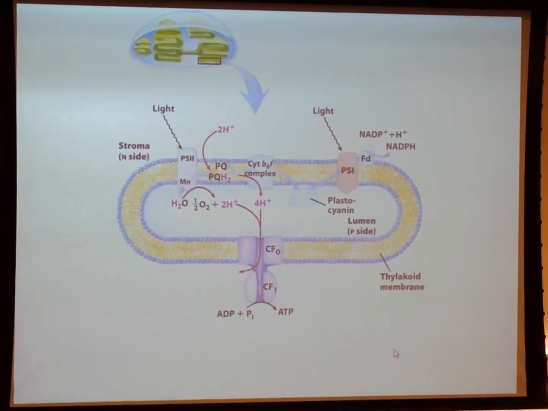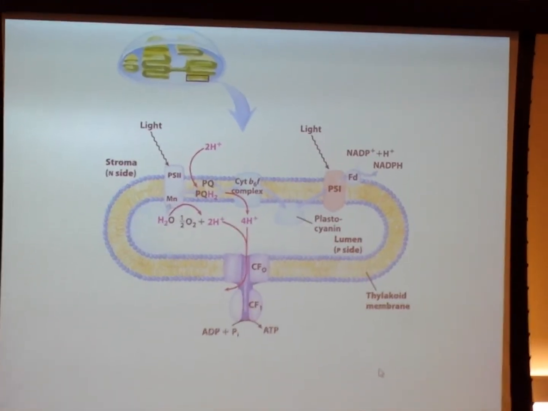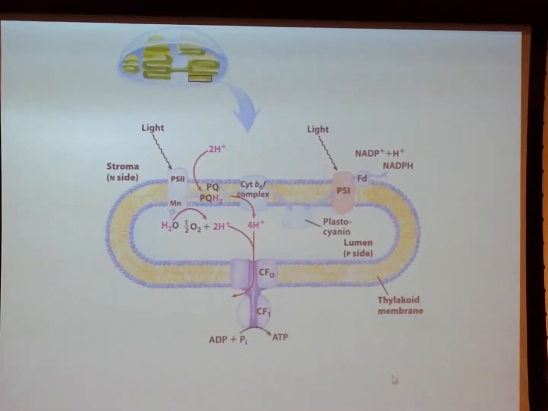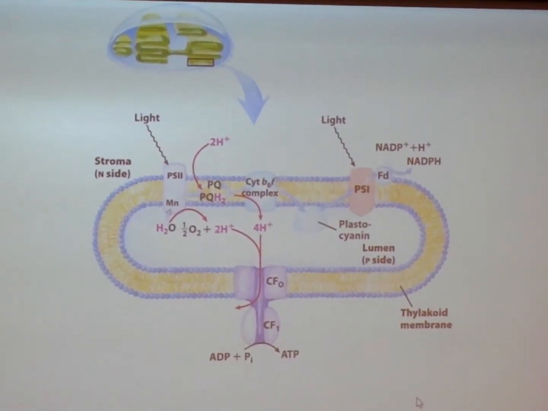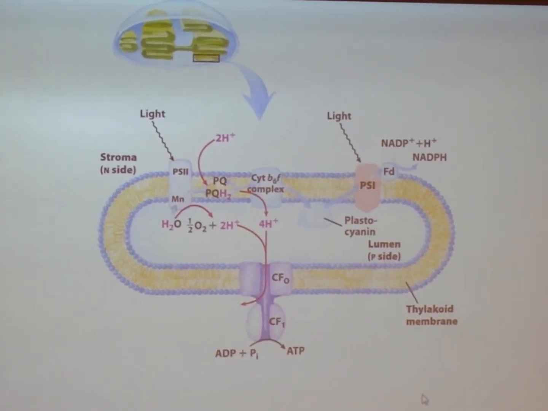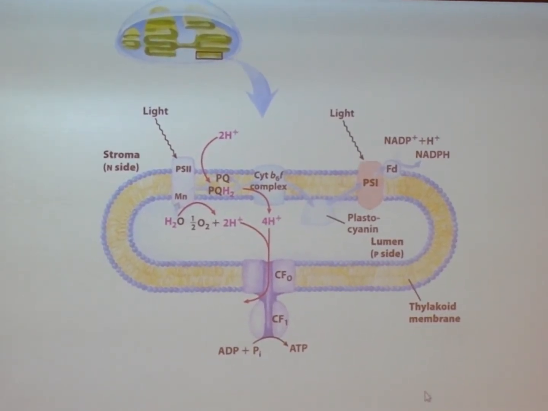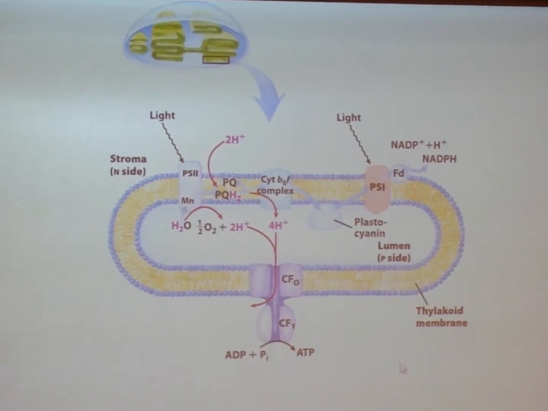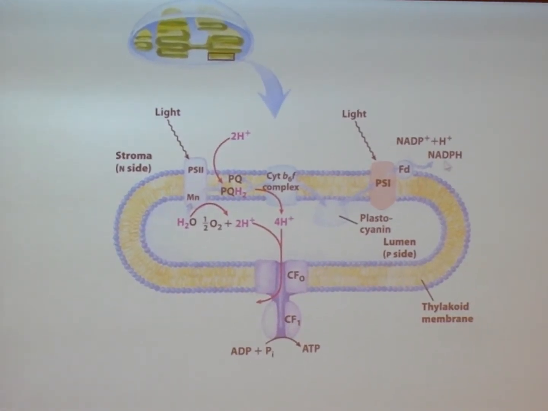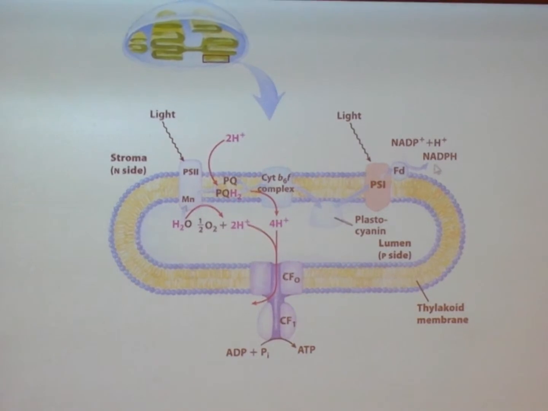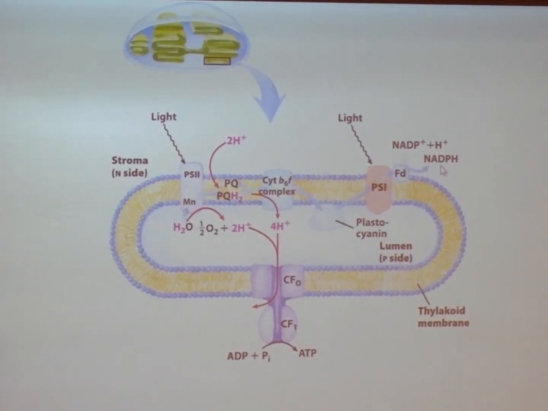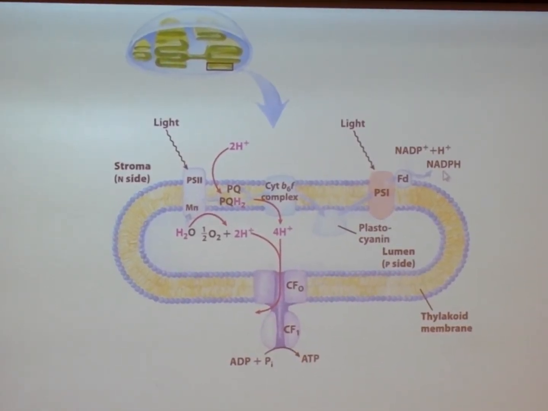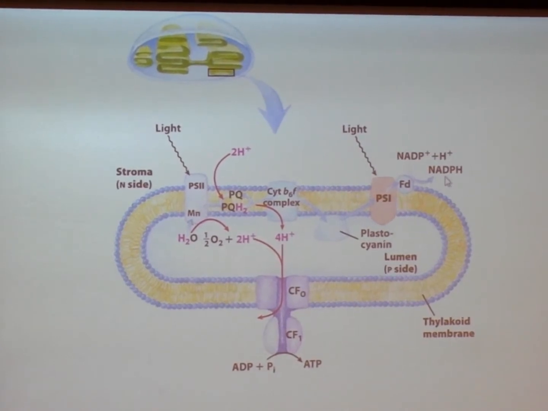So that brings us here to our last slide, which summarizes a lot of what's going on. Let's just calmly look at this. If Lehninger wants to show one NADPH being made, and again, it's a continuous stream, but if you want to show as humans one NADPH, how many electrons do you need? 2.